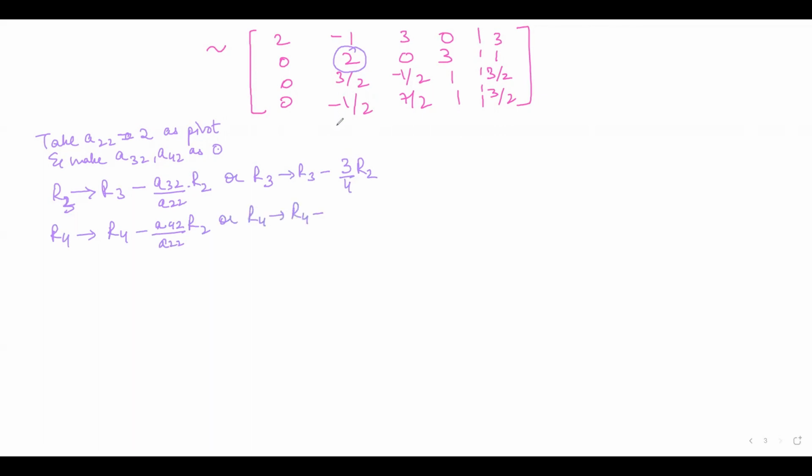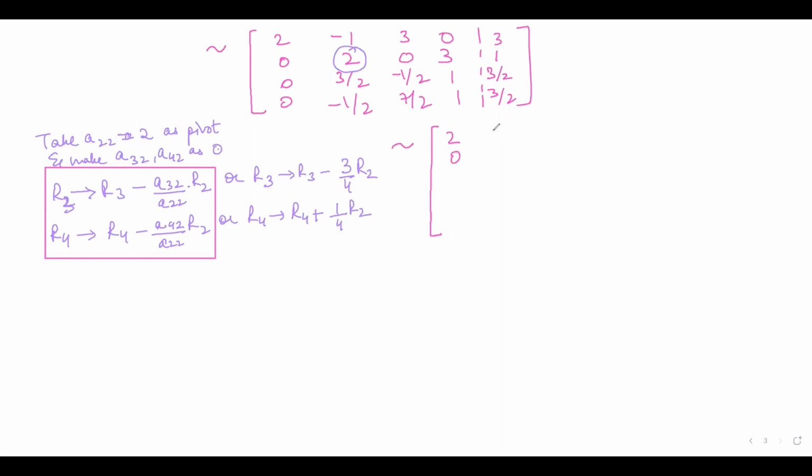That's minus half, so it becomes a plus 1 upon 4 R2. I hope this would be clear that how we have formed these two elementary row operations.